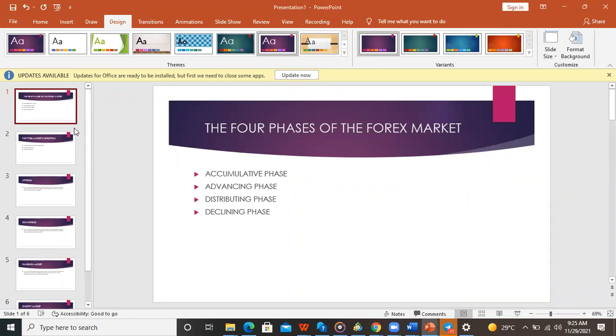Now, every forex market has these four phases: the accumulative phase, the advancing phase, the distributing phase, and then the declining phase.